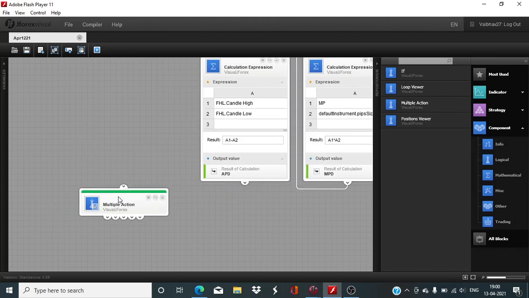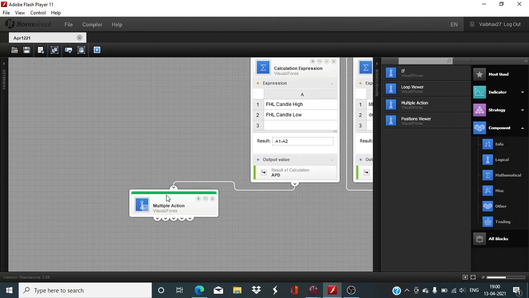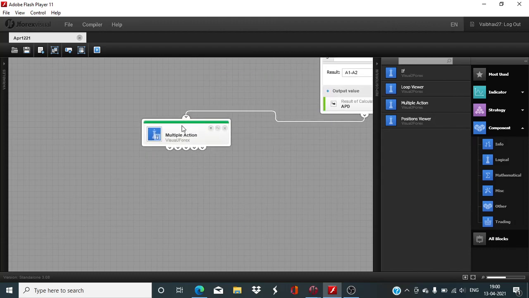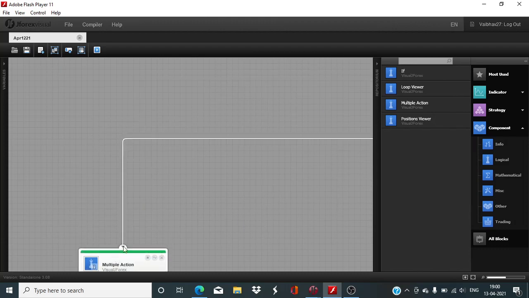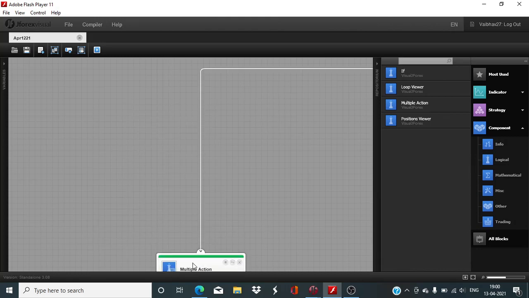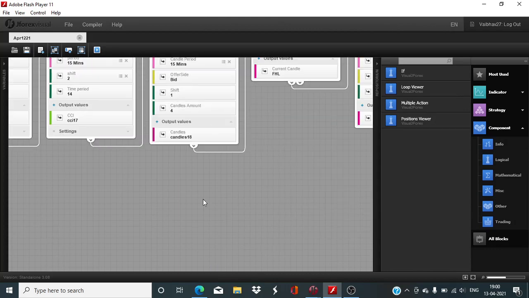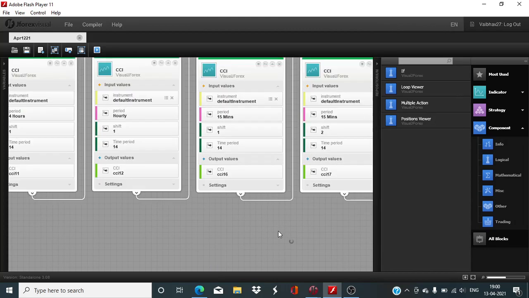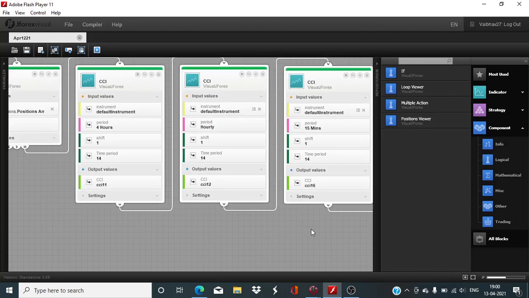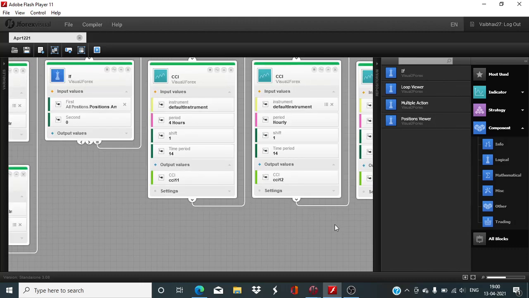Later on we will need to add a couple of blocks more, and then we will disconnect this and again join it back, but for the time being start adding the blocks for the buy trade. For the sell trade, if the need arises, we will carry out fresh calculations.